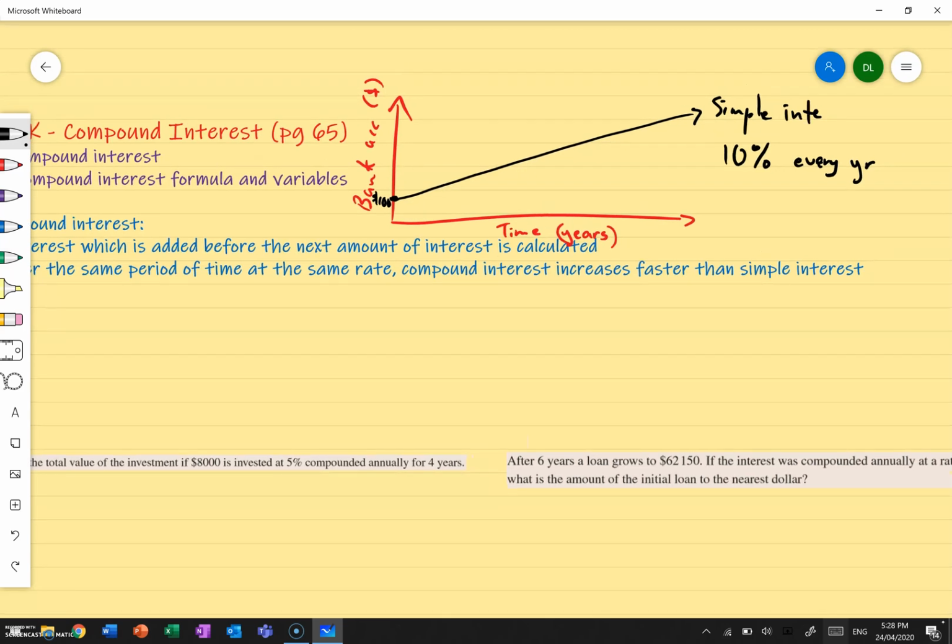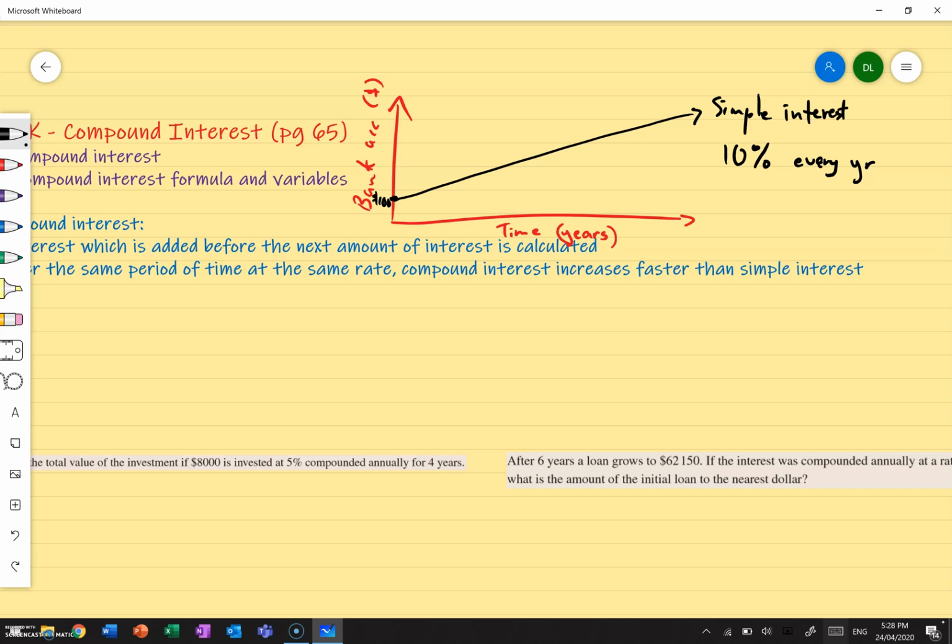Now, the interesting part is, most of you guys already have bank accounts, and for those of you who are paying attention, you might notice that the interest is actually calculated, well, first it's calculated per month, but let's assume it's per year. It's actually calculated considering how much money you already had in the account last time.